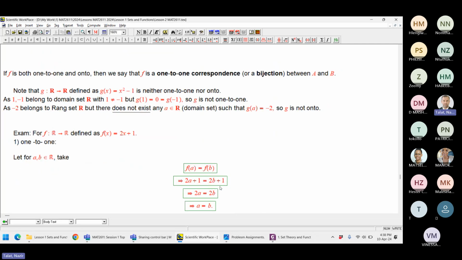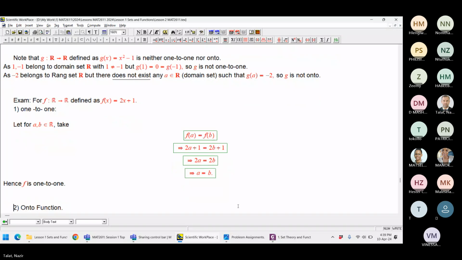This implies 1 can be cancelled from both sides, and 2 is a positive real number, so 2 can also be cancelled or divided from both sides. So this implies a is equal to b. It means that for any a and b, whenever we take f of a equal to f of b, it will give us a equal to b. Hence this function is 1-1.